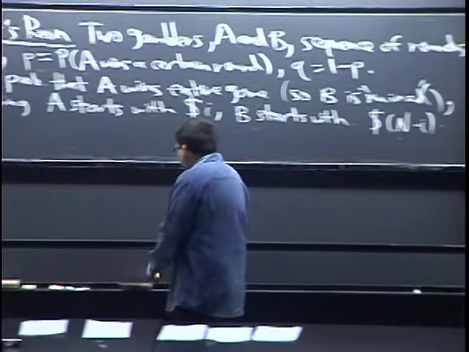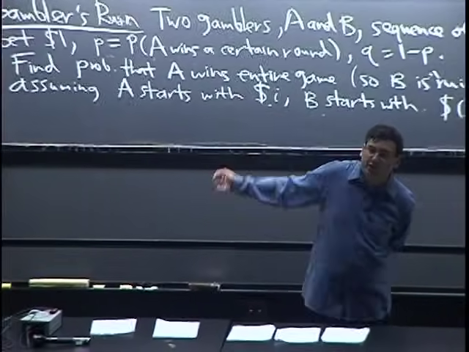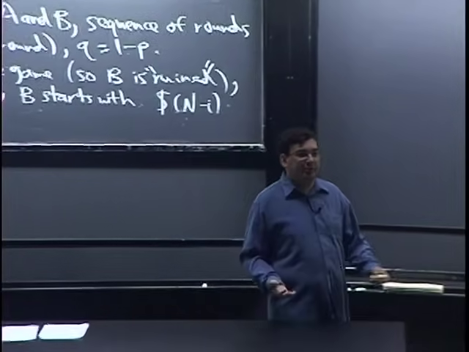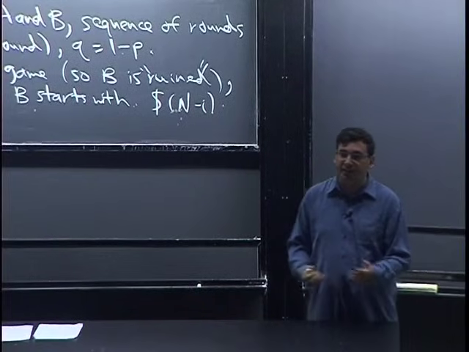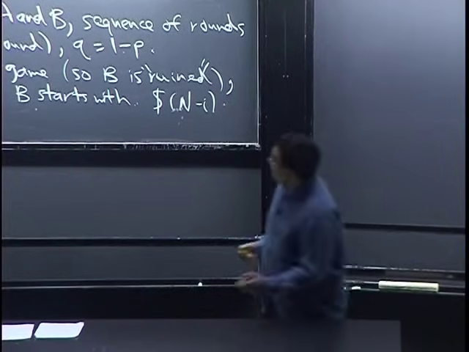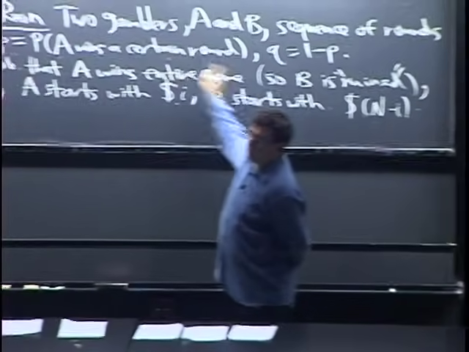And so this problem is important for several reasons. One is that it's a pretty natural problem that comes up not only in gambling, but in other cases where you have repeated trials where, independently, you have some probability of success or failure.